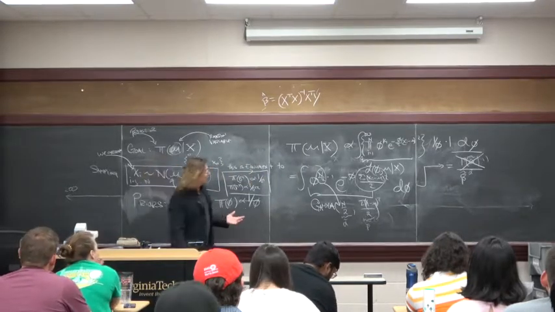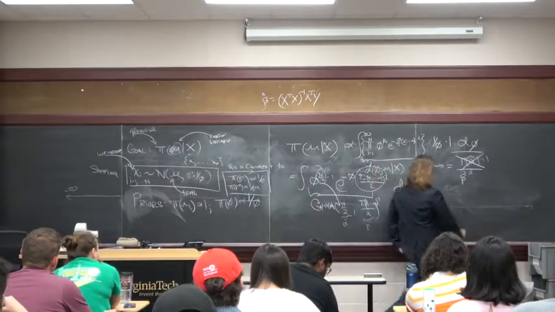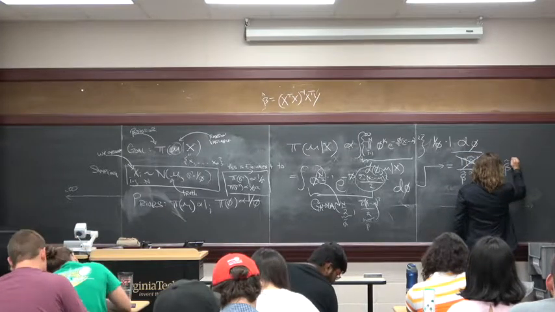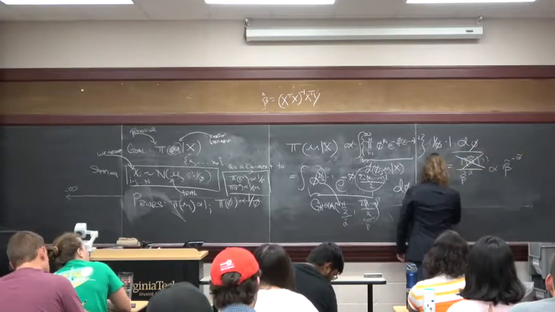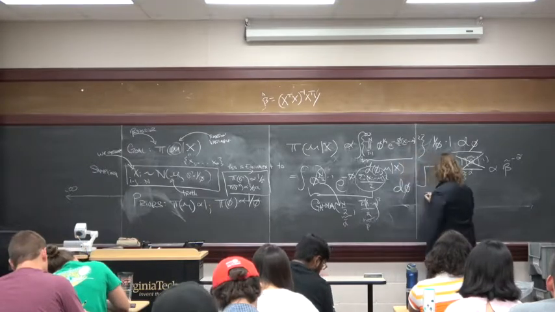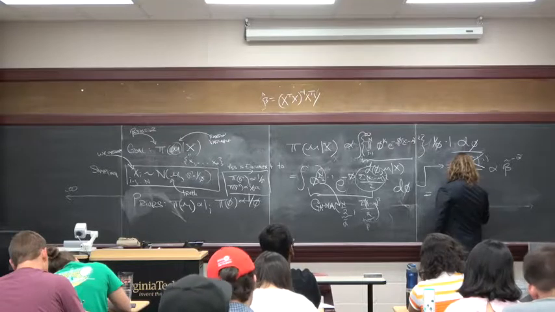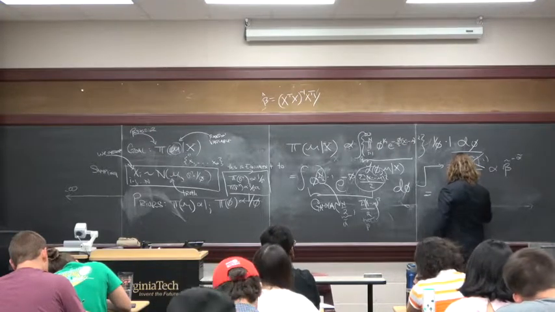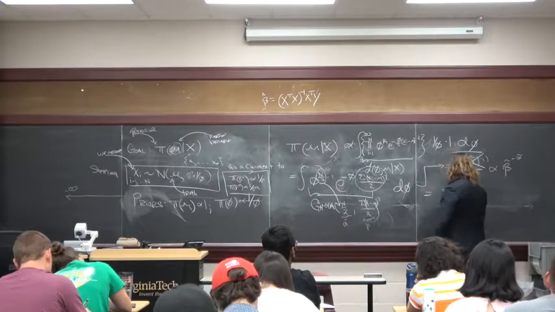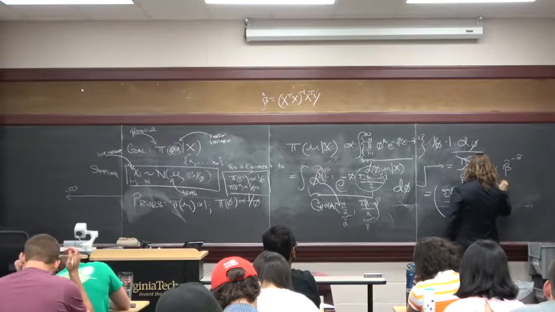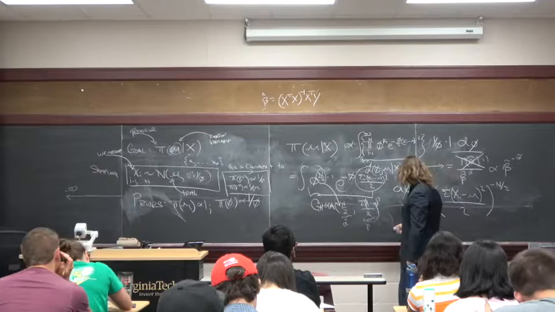So I'm just going to write this thing is proportional to beta tilde to the minus alpha tilde. In our case, this is equal to the sum of the xi's minus mu squared over 2, raised to the minus n over 2.